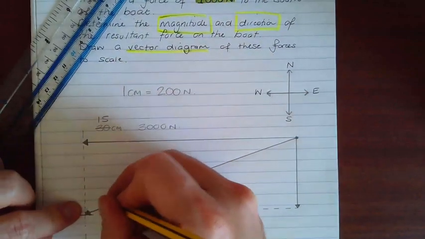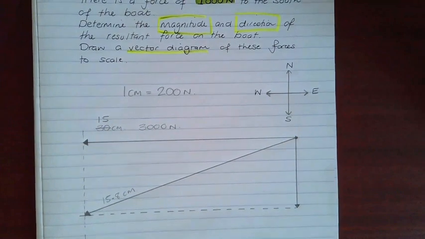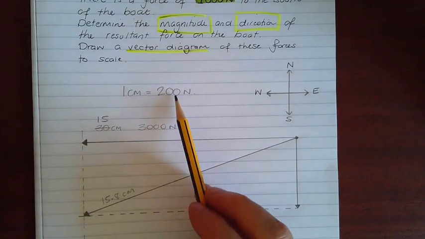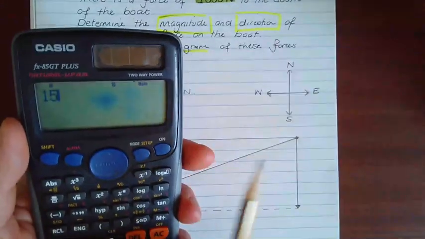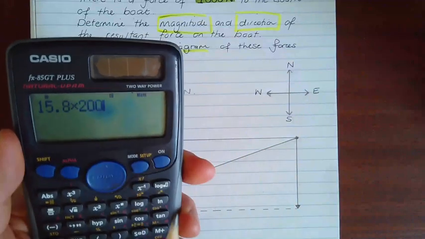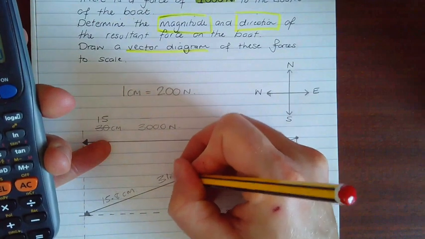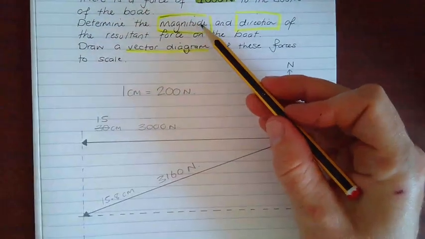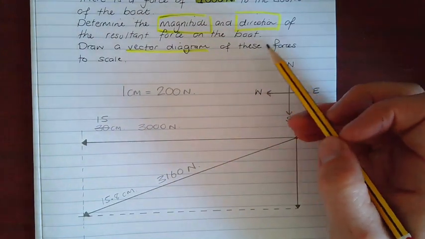So it's 15.8 centimetres. So what we want to do in order to convert that back into newtons is just times it by our conversion factor here. So every centimetre is 200, so we just do 15.8 times by 200, and this gives me 3160 newtons. So the magnitude of my force is 3160, but I also need the direction.